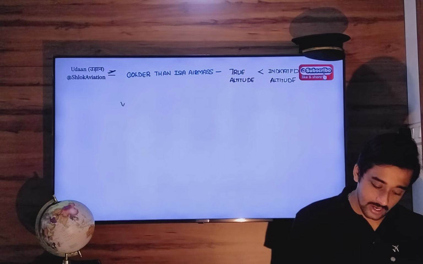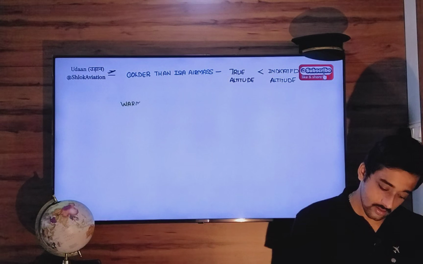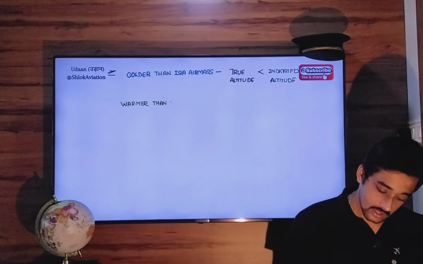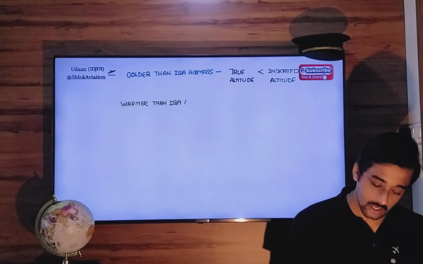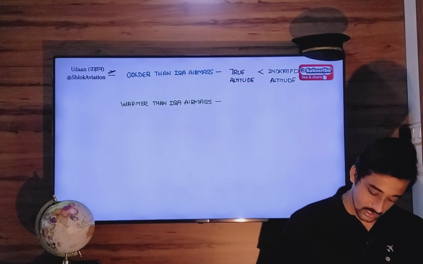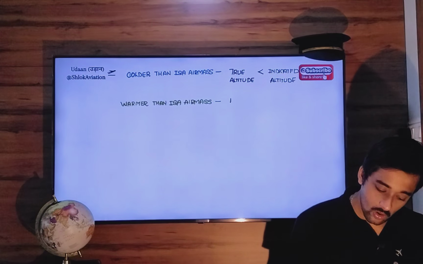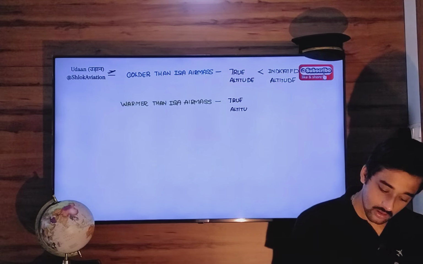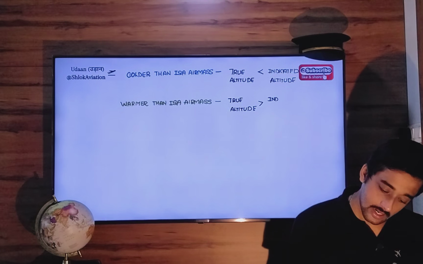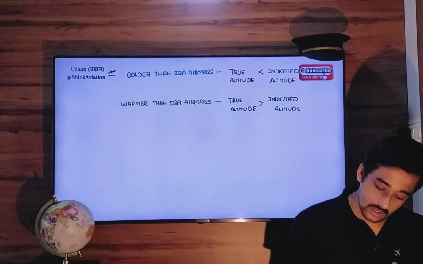Next, when you are flying in an air mass which is warmer than ISA atmosphere, what happens? The true altitude of your aircraft is more than indicated altitude.